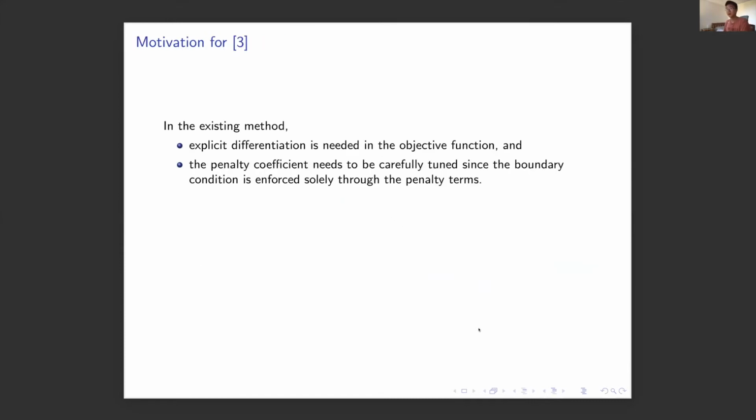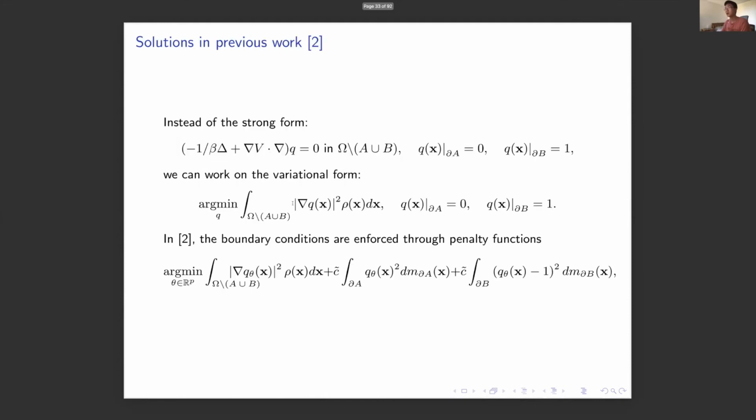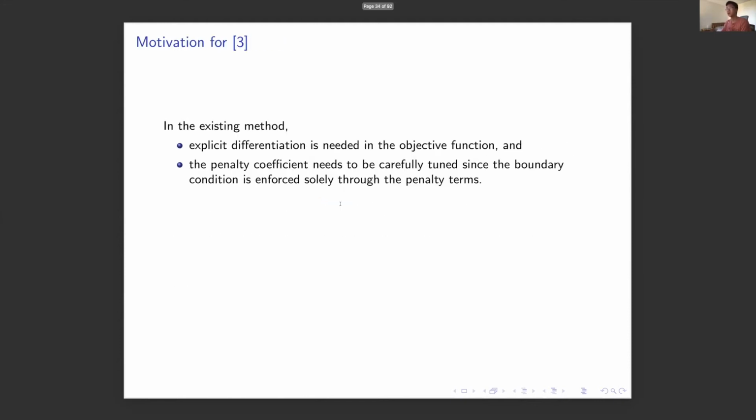So clearly, there are still two problems in this method. First is that there is an explicit differentiation in the objective function, which is here. So when using the gradient descent method to solve the optimization problem with respect to theta, you need to calculate mixed second order derivatives with respect to theta and the original variable.